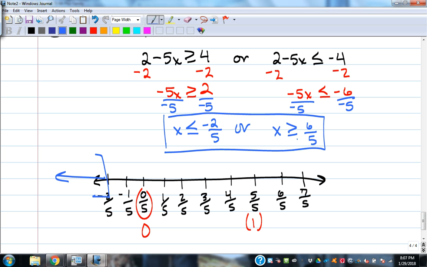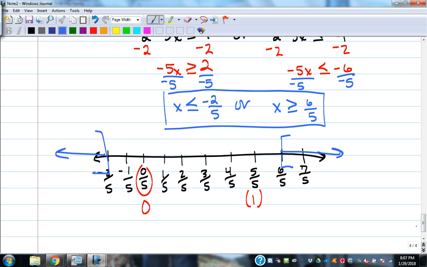On the 6 over 5, bracket to the right. Easy enough. What's our interval notation? There you go. Good job.